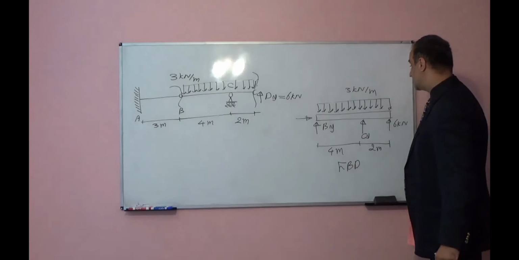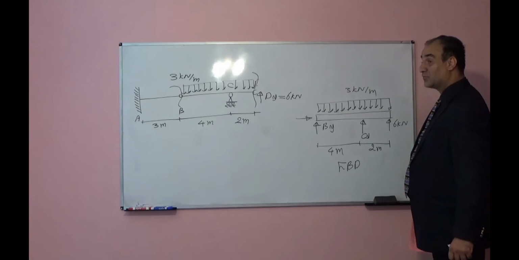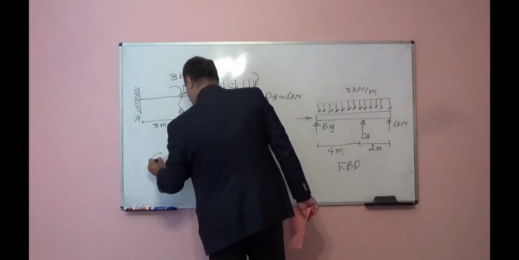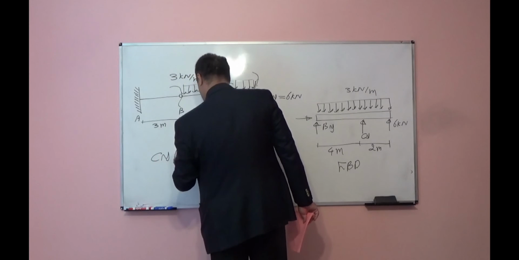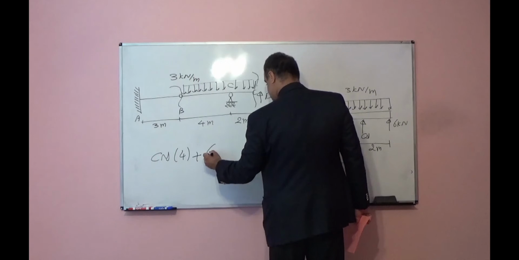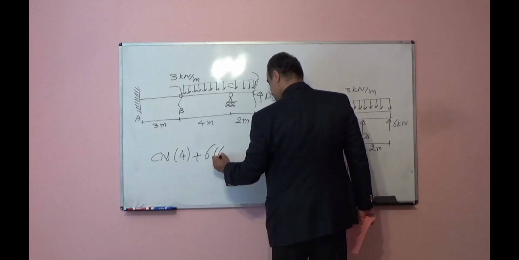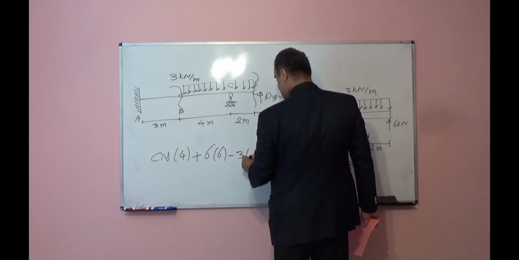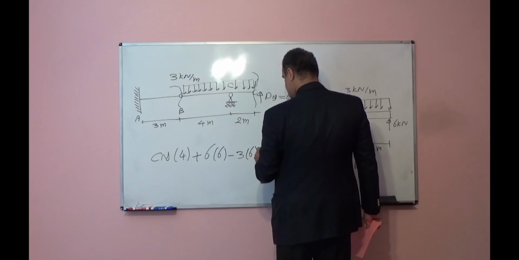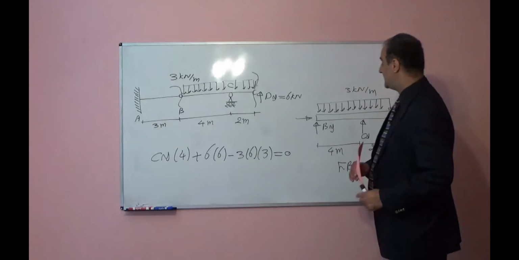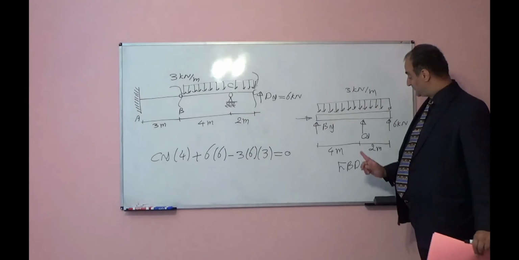In this free body diagram, if I write summation of moment with respect to point B, I have Cy times 4 plus 6 times 6 minus 3 times 6 times 3 is equal to 0. I'm taking moment with respect to point B.